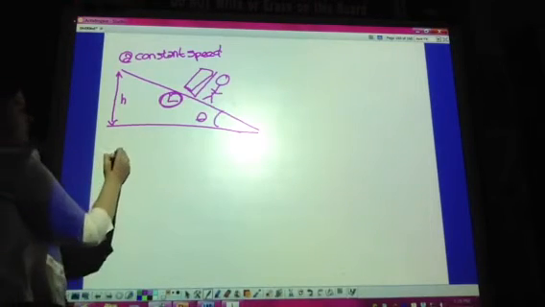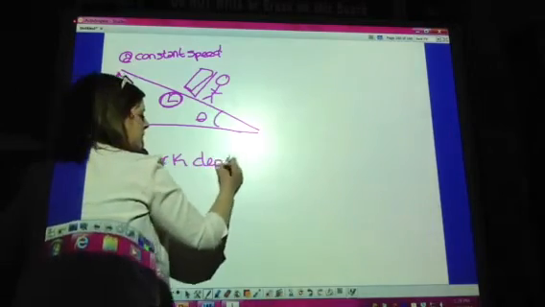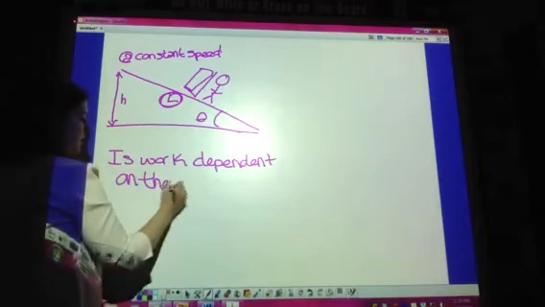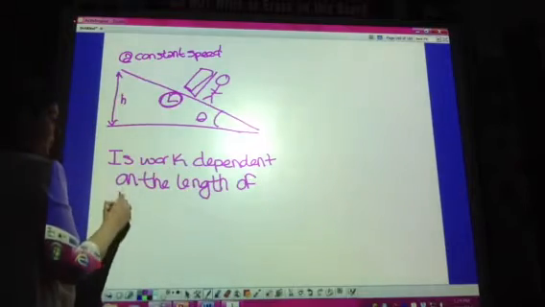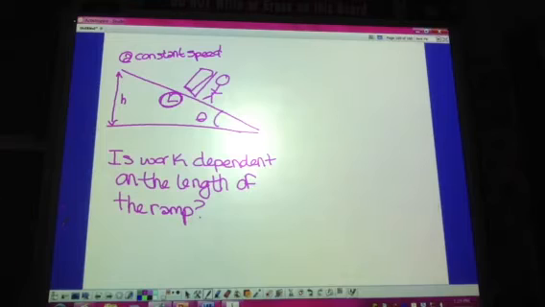So he's saying, or asking, is work dependent on the length of the ramp? Okay, if it is, then he may be right in his claim that if the length of the ramp were increased, then he would feel like he would be doing less work. If we find that it's independent of it, then he's just going to be wrong.